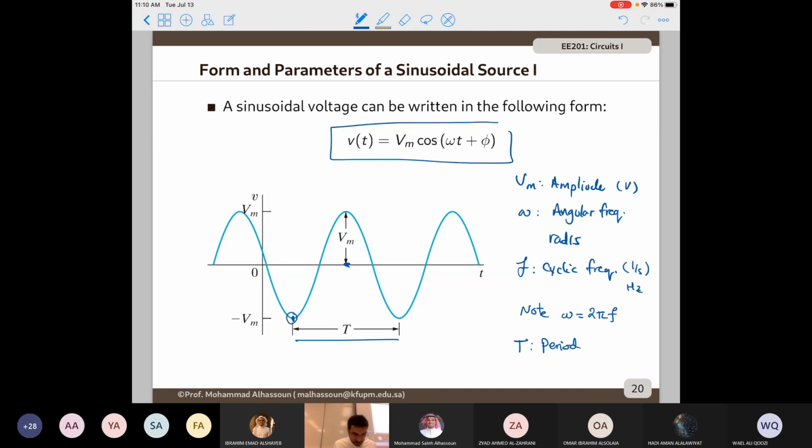If you think about it this way, you're standing here, then you move with the sinusoidal source until you reach this level. You calculate the time, the projection of your movement on the time axis. You will see that this is called the period. And the period is related to the frequency by this relation.